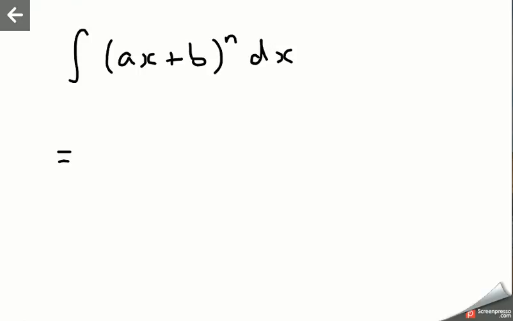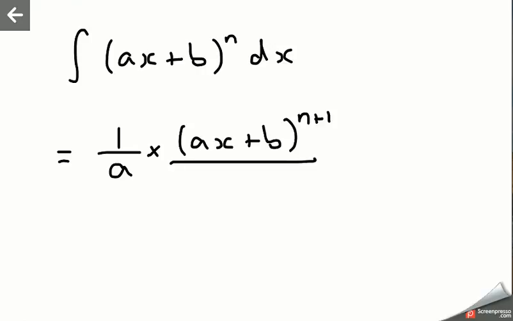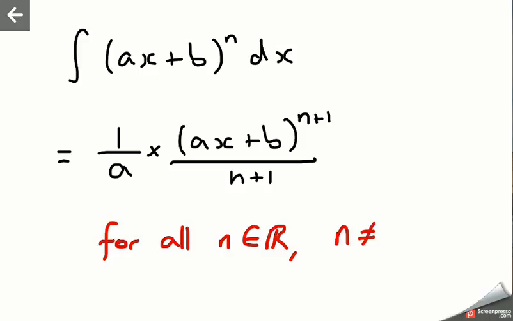So it's equal to 1 divided by a times (ax + b)^(n+1) divided by n + 1. And that's true for every n that's a real number, except n does not equal -1. So n cannot be -1. We're dividing by 0 here if n is equal to -1.